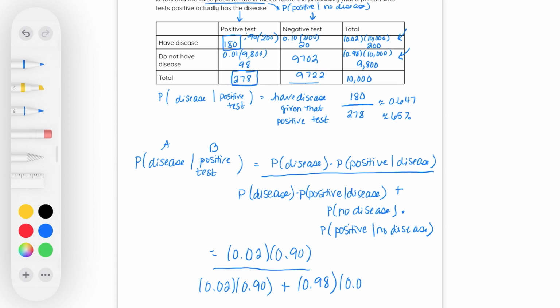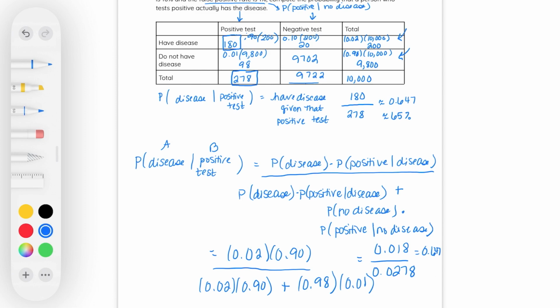Oops, too many zeros, excuse me. Which then gives us, when we multiply, notice how close these are coming to the values up above. And it gives us the exact same percentage.